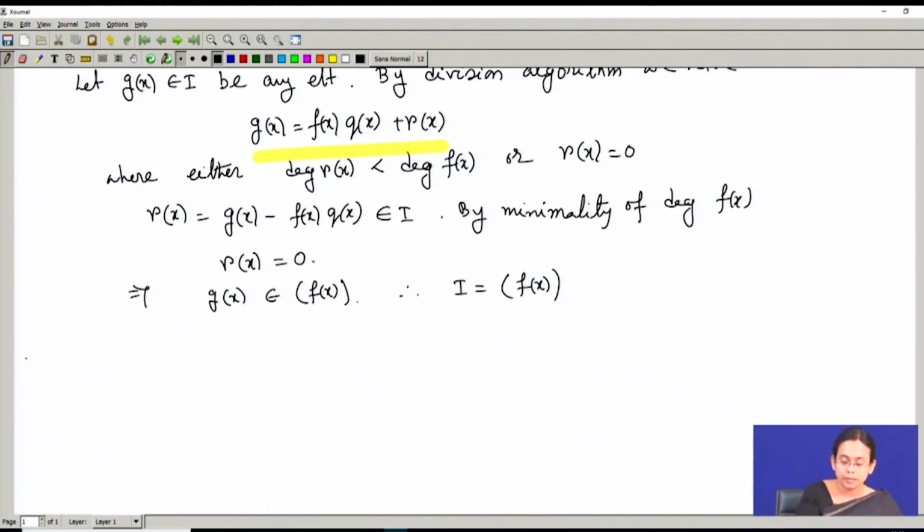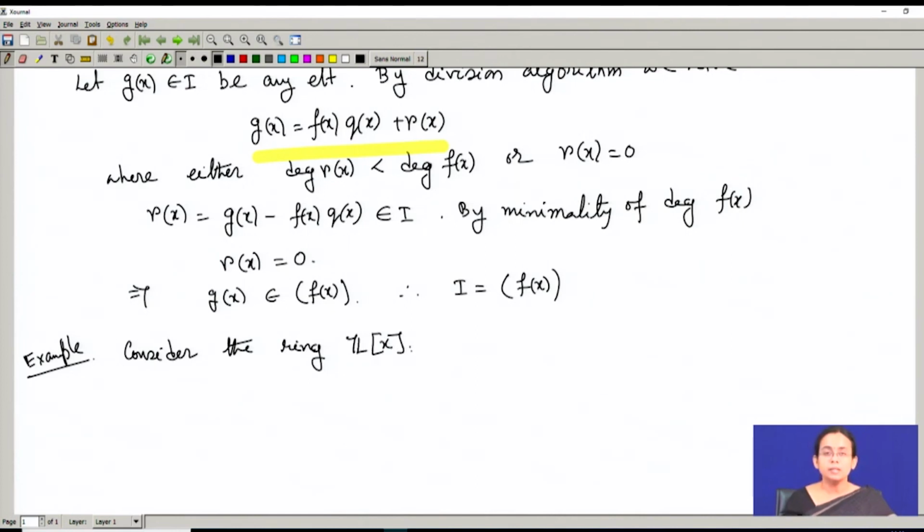For example, if I consider the polynomial ring over Z, so Z[x]. So far I have only talked about polynomial rings over a field, but the same thing you can define for any arbitrary ring.